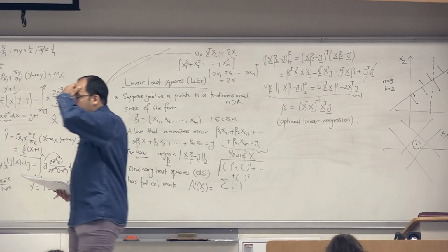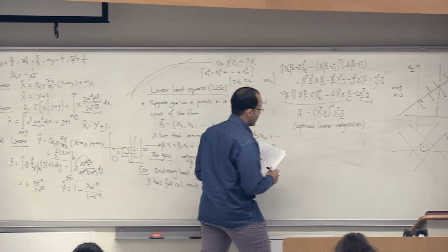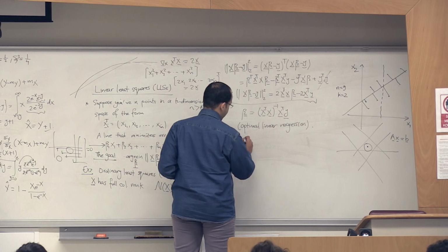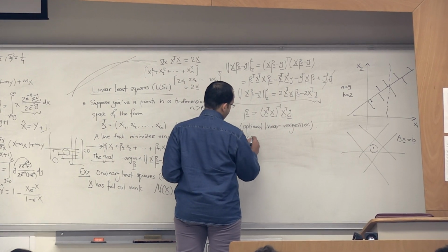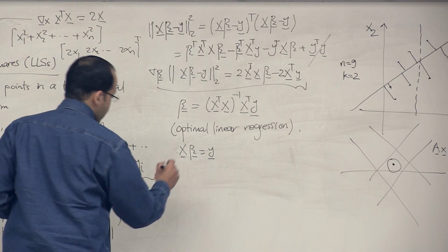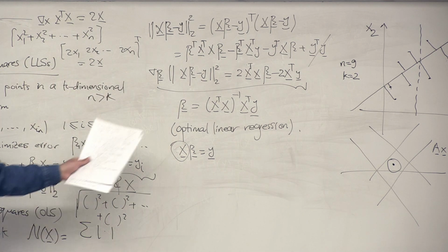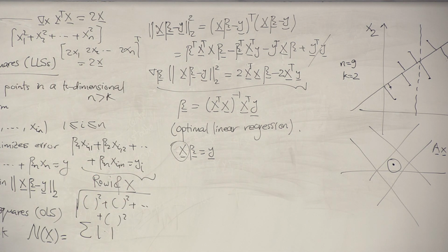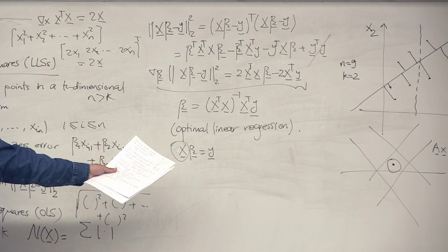And then one last thing that's also very important, but unfortunately we don't have time to discuss every single important thing. If you had this, and this is a square matrix, full rank square matrix, what would have been the solution? How would you do this? Linear system of equations.